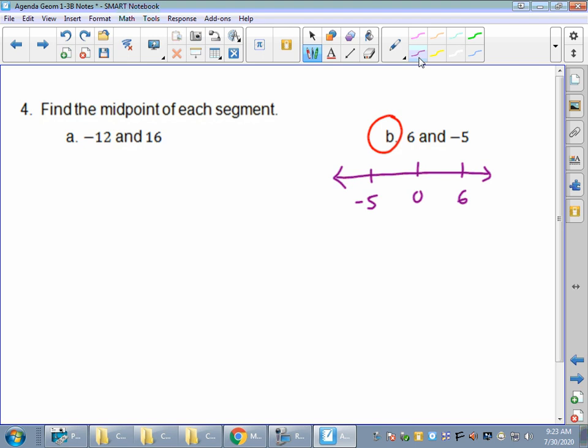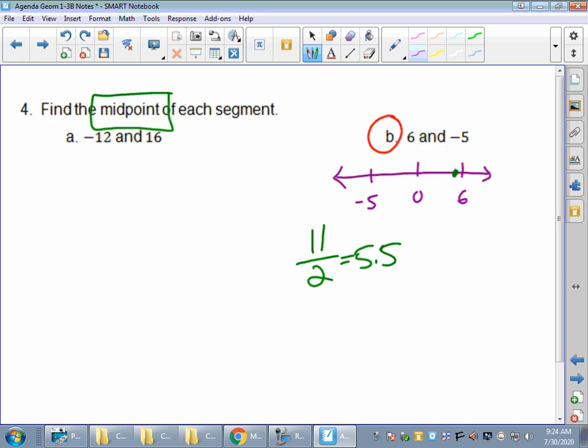So remember, if we're going to find the midpoint, we're going to find the distance between those 2 points, divide by 2, and then that's not an actual location, we have to count. So the distance between negative 5 and 6 just happens to be 11. 11 is not your answer every time. If we divide by 2 for the midpoint, that's a 5.5. 5.5 is like right here on my little graph. Definitely not the midpoint, right?